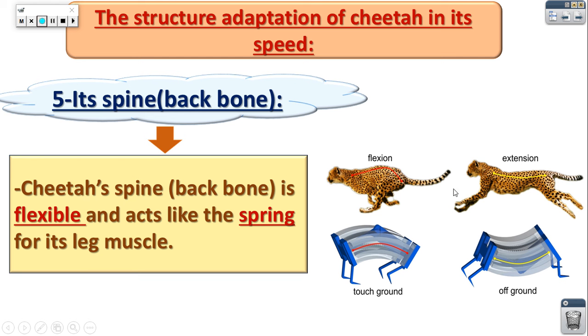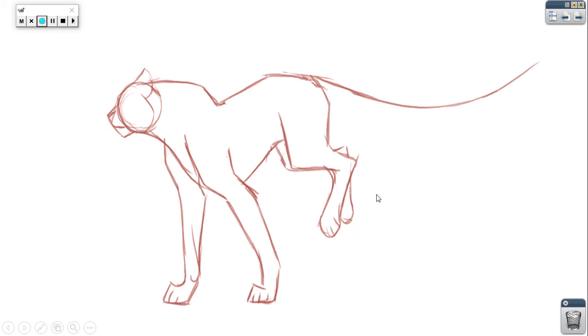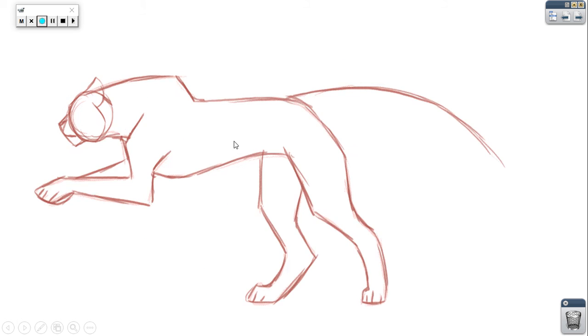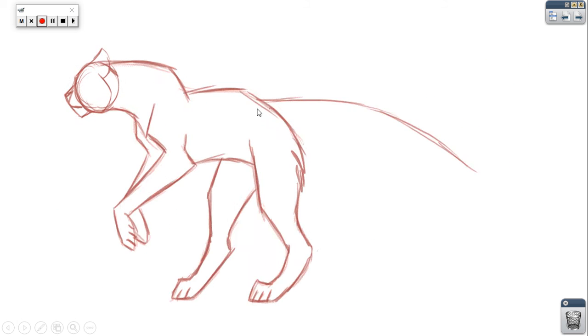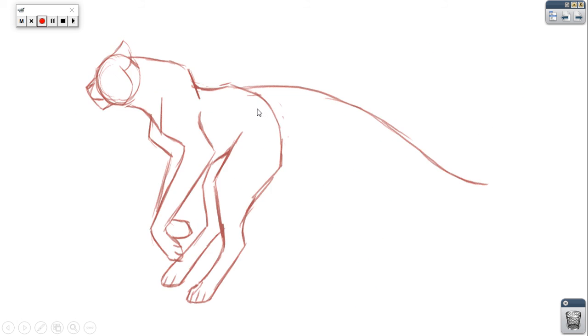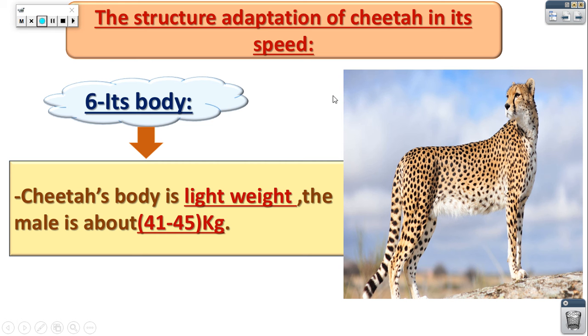So the spine or the backbone is like a spring. Why? To give him more push. And more push means more speed. Its body compresses and it pushes forward. What makes it like this? That his spine or his backbone is like a spring.